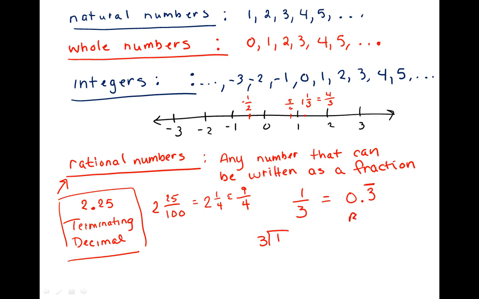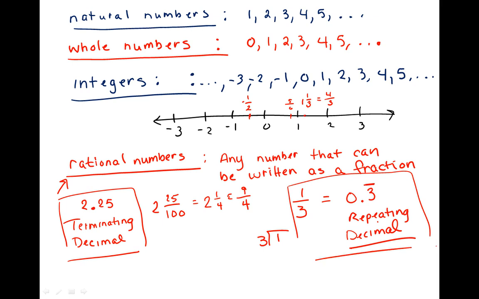This is a repeating decimal. If you have a repeating decimal, in other words a decimal with a bar over it, it can be written as a fraction. Therefore, it is considered to be a rational number. So repeating decimals and terminating decimals are considered rational.